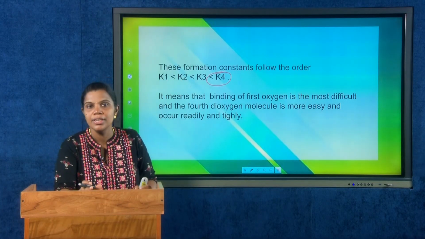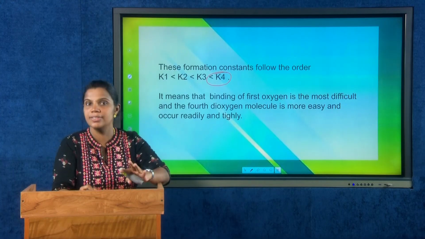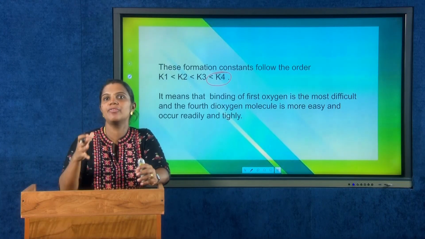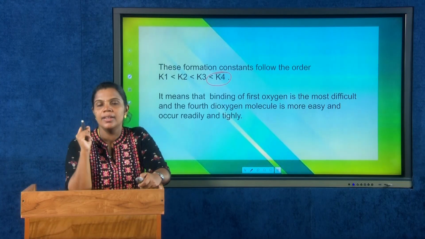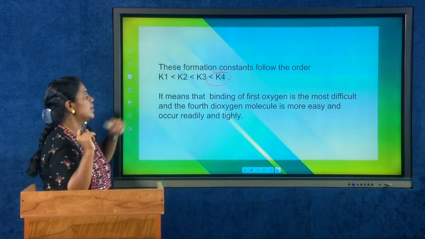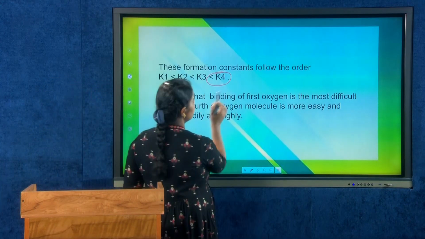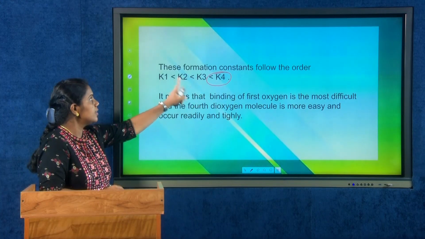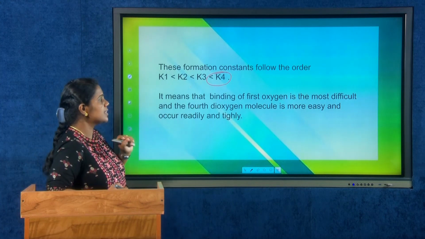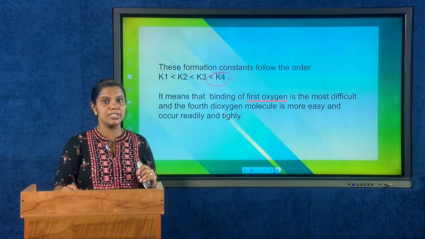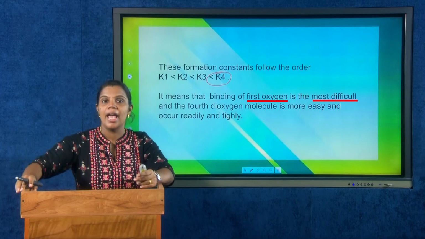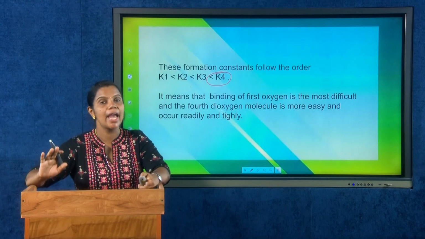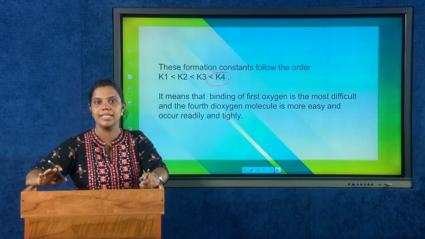This is quite different from when Fe2+ is not found in the tetramer form, or when the Fe2+ sites are independent. What this order says is that K4, the last stability constant, is greater than the first, second and third. It means that the binding of the first oxygen is the most difficult, and the binding of the fourth oxygen molecule is very easy, and happens more readily and tightly.